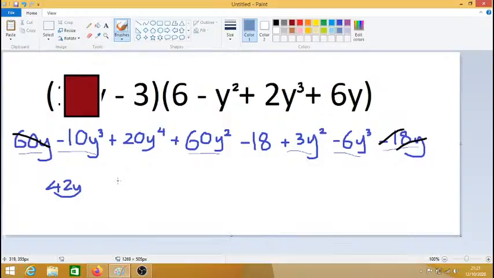Just going to go to the y squared now, which can be combined, and that can be 63y squared. Get that crossed off. Then you've got the y cubed that can be combined.